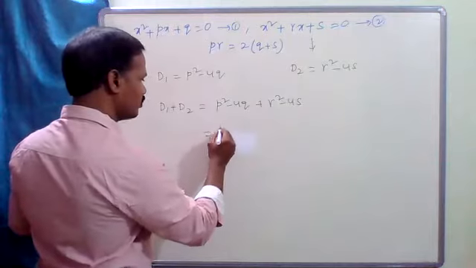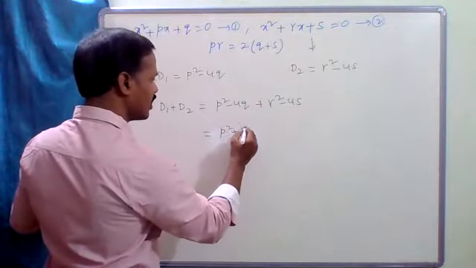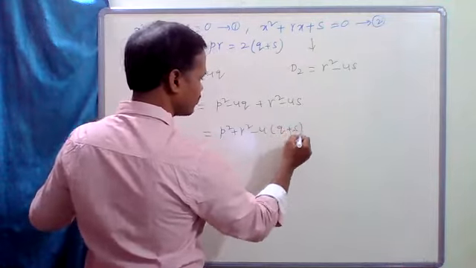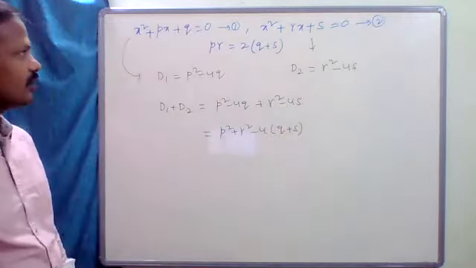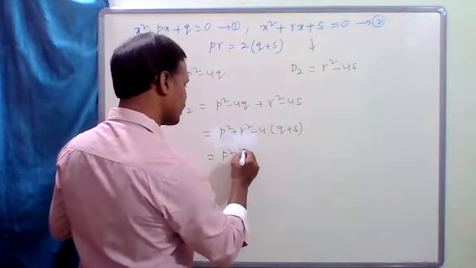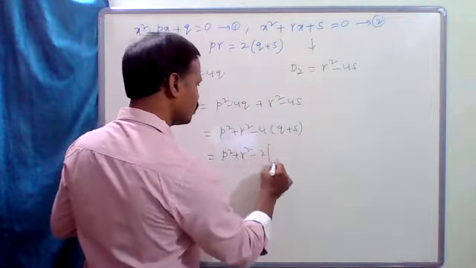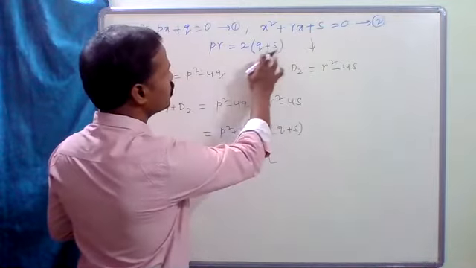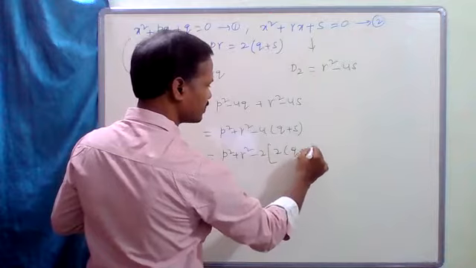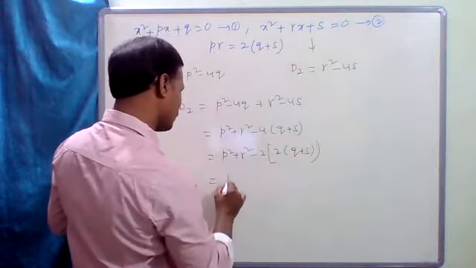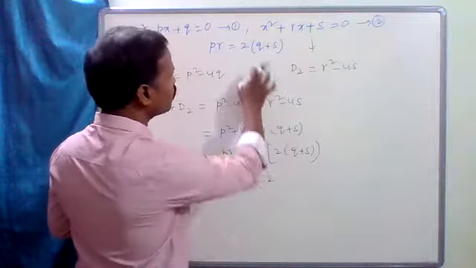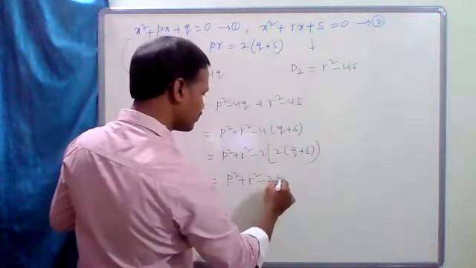This equals p square plus r square minus 4 into (q plus s). Now this equals p square plus r square minus 2 into 2(q plus s), where 2(q plus s) is nothing but pr.